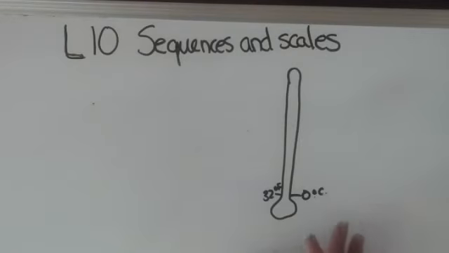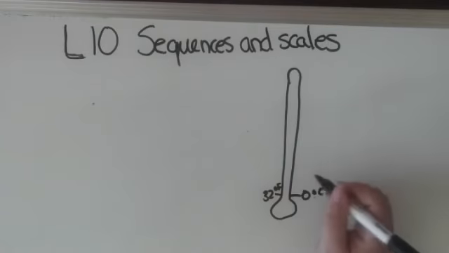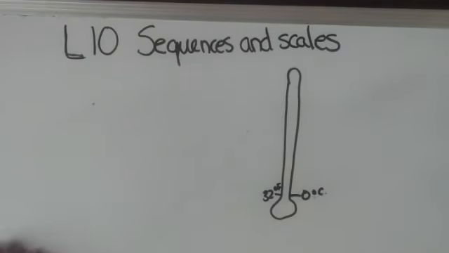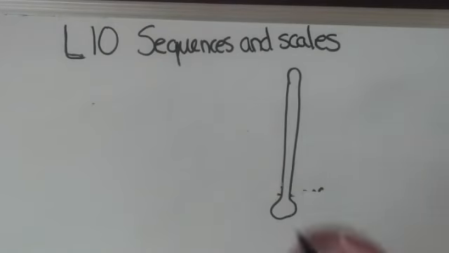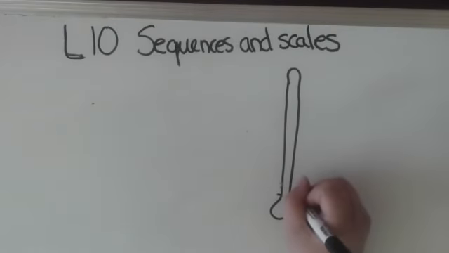So when you're looking at thermometers or any scale, you need to really pay attention to what increments it's going up or down. That means how much is it going up or down? What does each little line mean? So for example, on this one, we're going to do this in Fahrenheit.